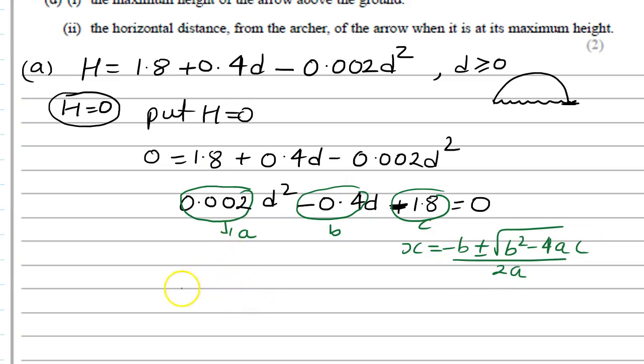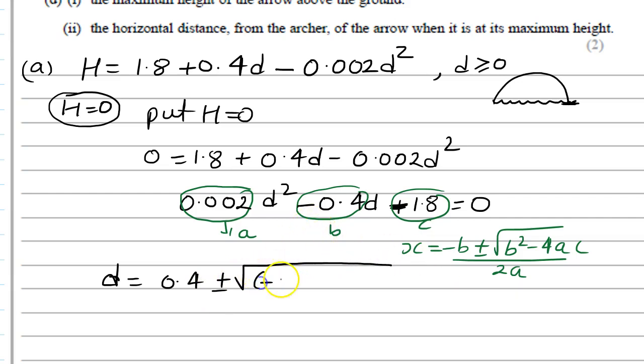So once we put the values, we need to calculate d. So d equal to minus B plus minus, so it will be 0.4 plus minus the square root of B square, that is minus 0.4 square.